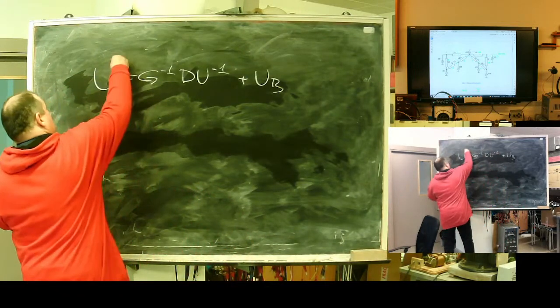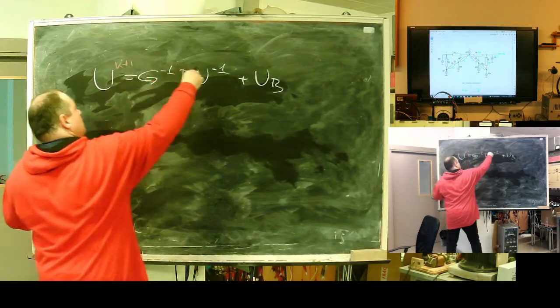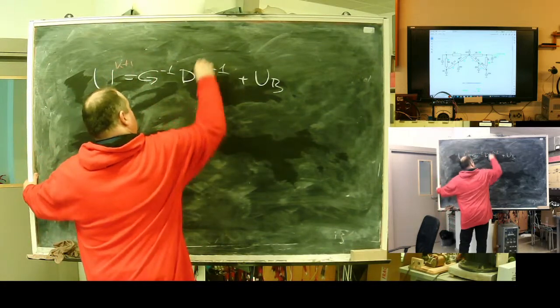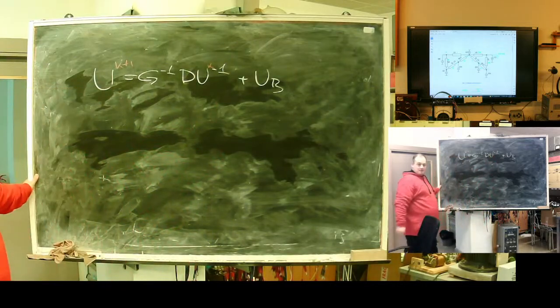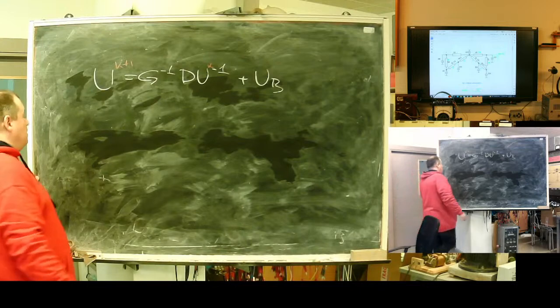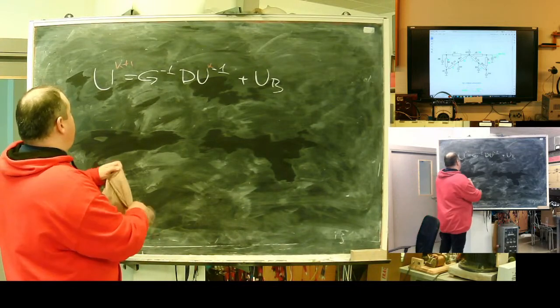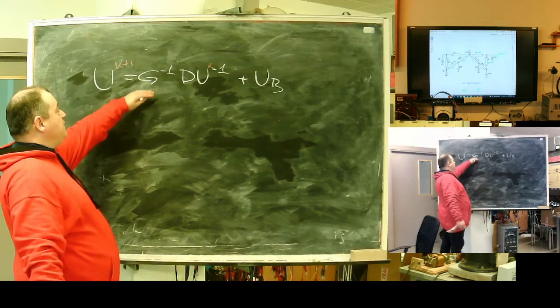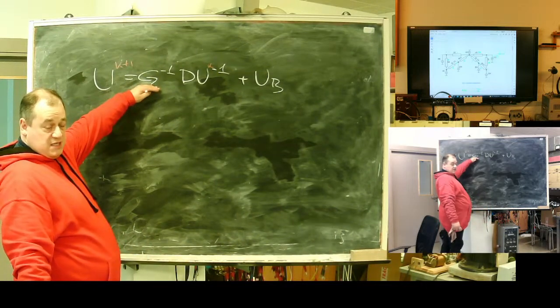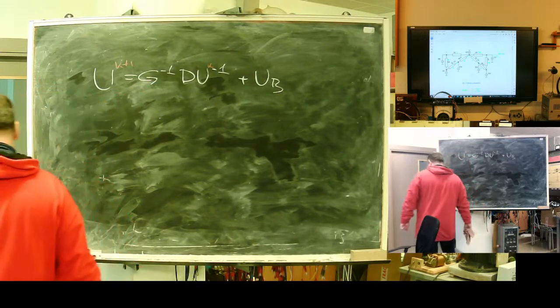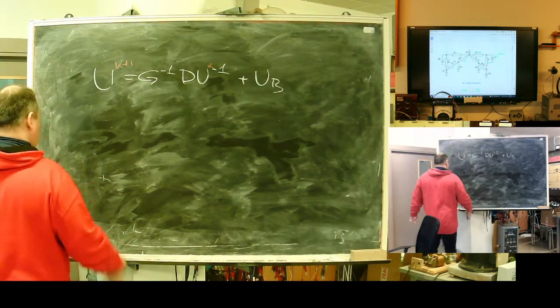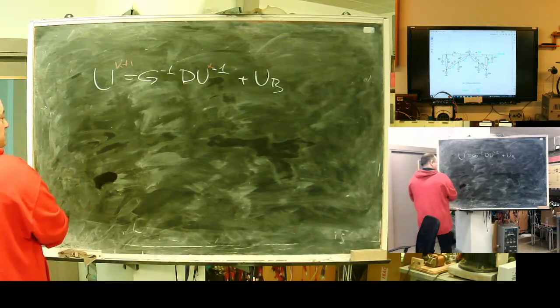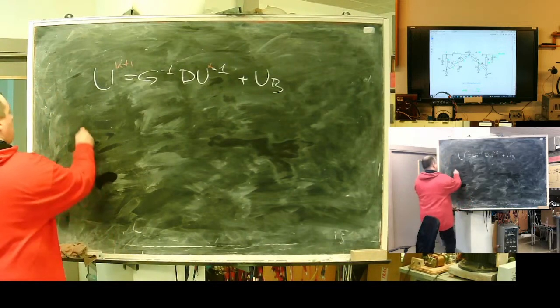Just write here next and here previous, and you get something: next as a function of previous. But not so easy. First, yes, if we get this inverse matrix, it brings us a very nice iterative form.